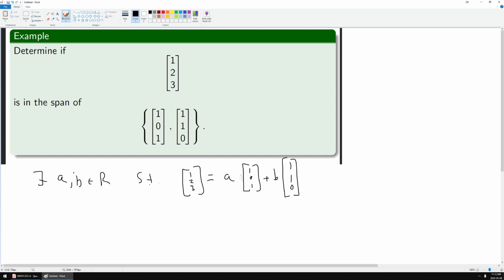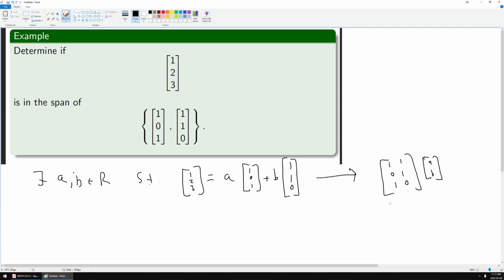Now, generally, you could turn this into a matrix problem. So one option is I could rewrite this as the matrix with columns 1, 0, 1 and 1, 1, 0, times the vector AB, and I could try to determine if this system has a solution.